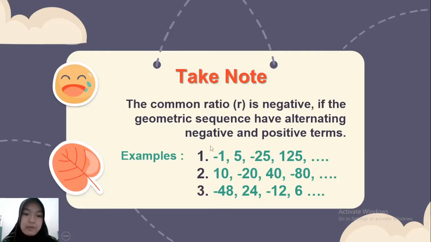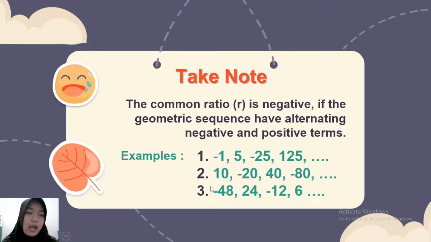Examples. Number 1: negative 1, 5, negative 25, 125, and so on. Item number 2: 10, negative 20, 40, negative 80, and so on.